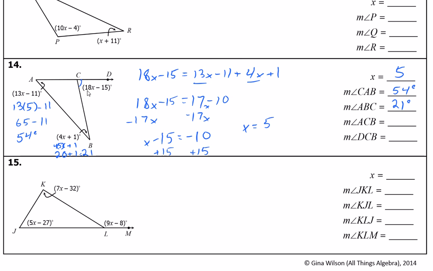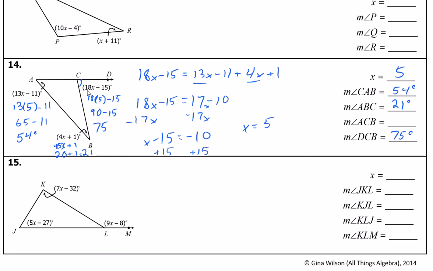Alright, now we have a couple options here. We can either find either of these angles. We can do it here. 18 times 5 minus 15 is 90 minus 15, which is 75. So angle DCB is 75 degrees.